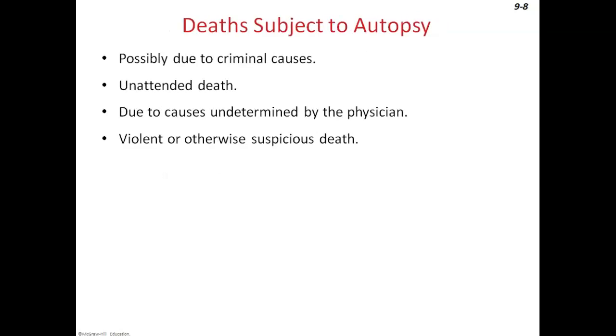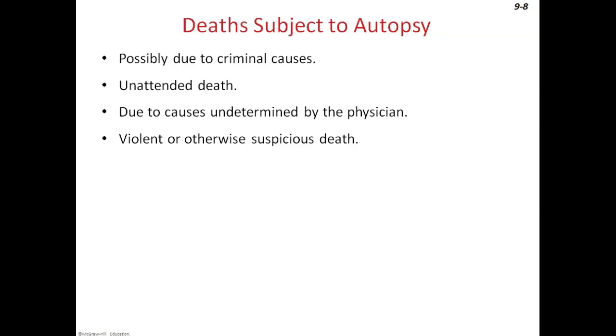Deaths that are subject to an autopsy are those that are possibly due to criminal causes, ones that were unattended by a physician within a specified length of time before death, due to causes undetermined by the physician, or violent or otherwise suspicious deaths.